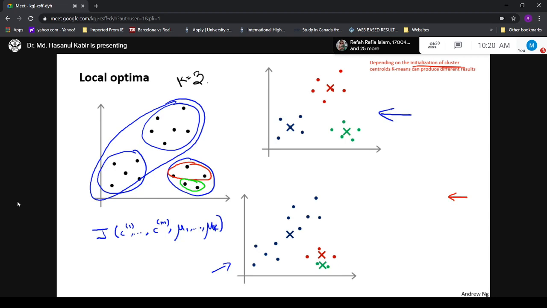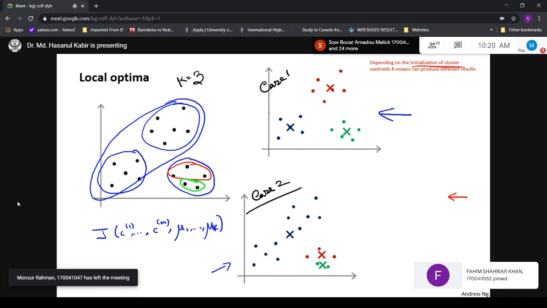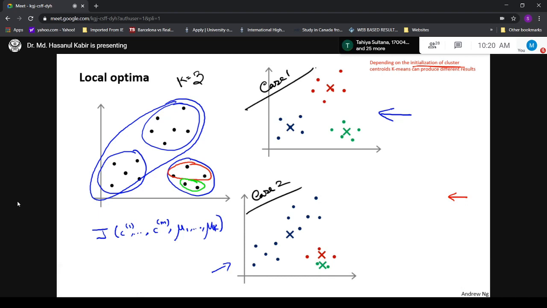Now you'll see that 2 of you might end up with 2 different results. For example, let's say we have the data like this. Let's say this is case 1, and this is case 2. For person 1, his conversion result has ended up with these 3 clusters.